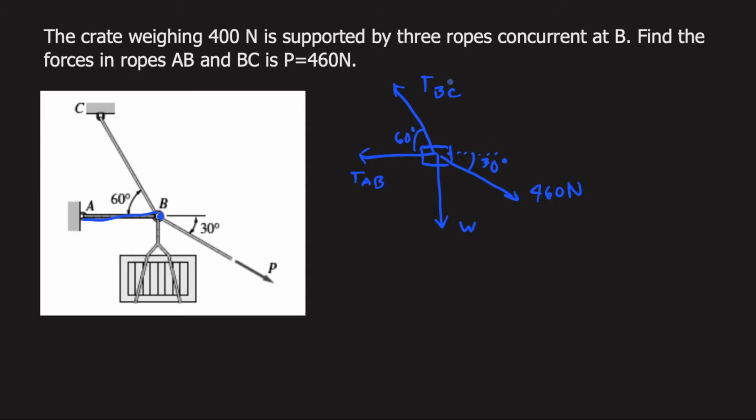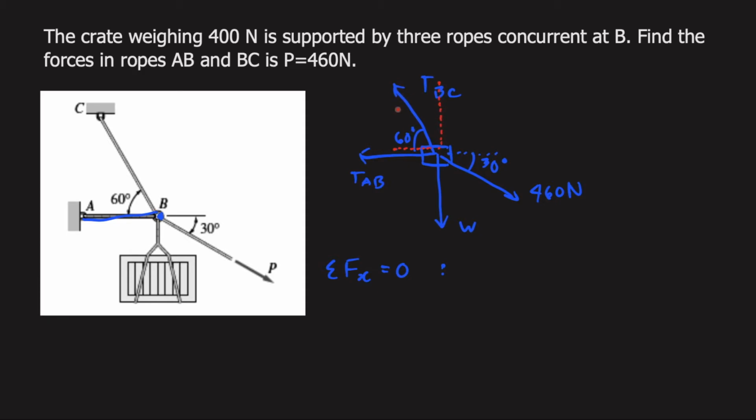Now, in order for us to solve for TBC and TAB, we can use the first condition for equilibrium, which is summation of Fx is equal to 0. The first component is the x component of TBC, which is here, and the y component is here.